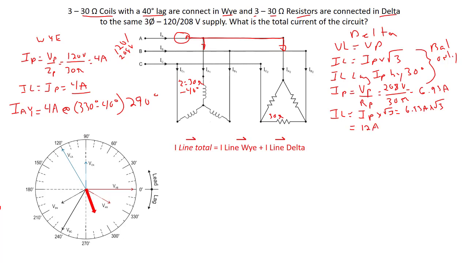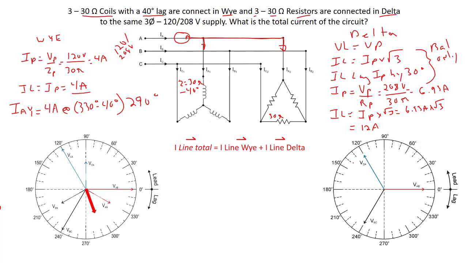Okay, let's draw a little phasor diagram and have a look. We have to use our voltage VAB as a reference. That's phase voltage or line voltage. We know that the phase current will be right in phase with VAB at 0 degrees, and that when we have a balanced circuit, line current always ends up 30 degrees behind phase current.